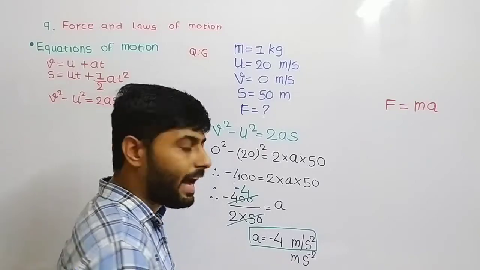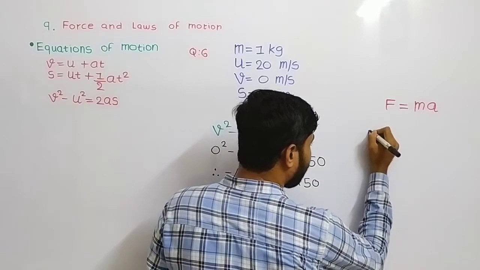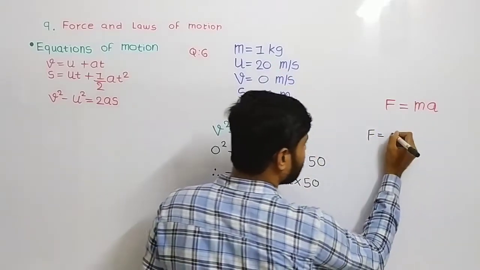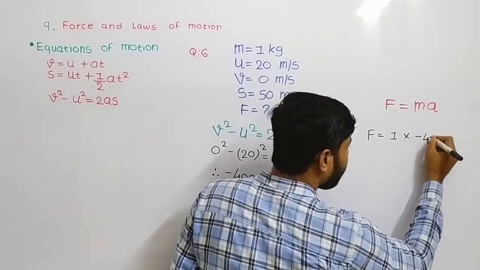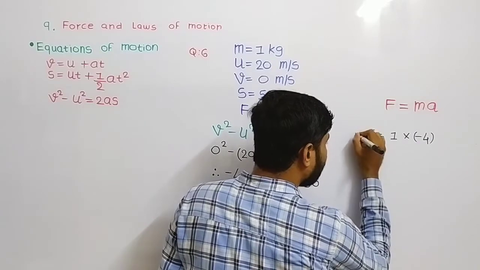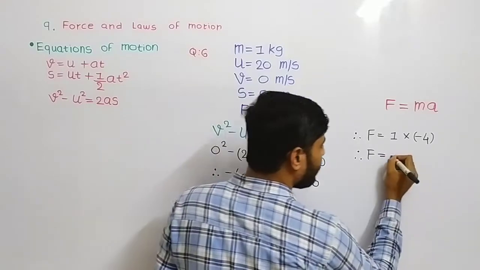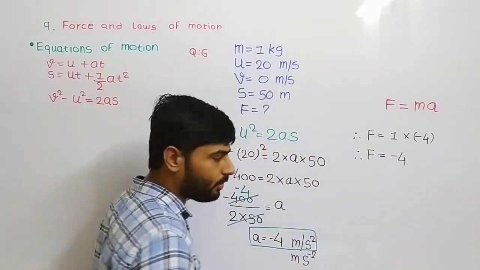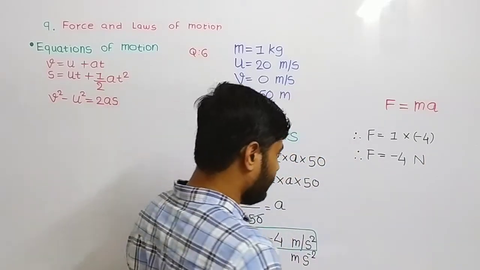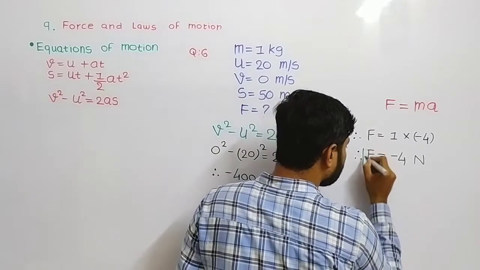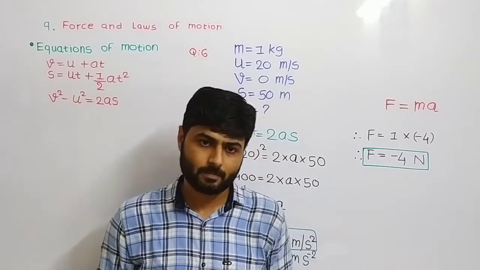Now simple, I just have to put both values of m and a here. So I put the value: F is equal to mass 1 kg, so 1 multiplied by acceleration minus 4. So I have force is equal to 4 into 1, that is 4, but minus 4 Newton. So I have force minus 4 Newton.